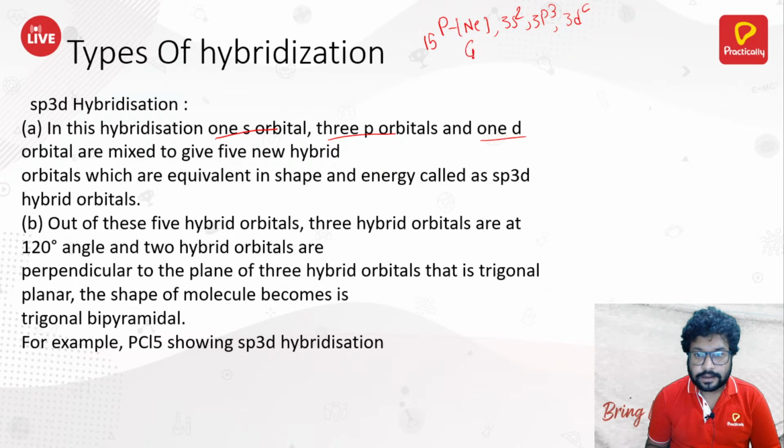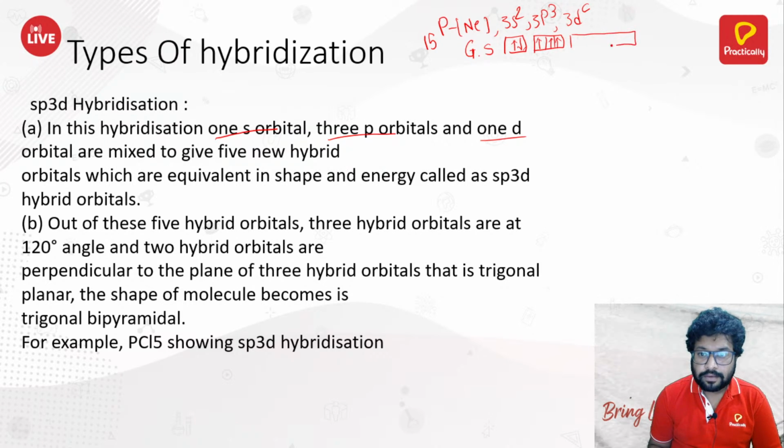So in the ground state, it would look like this: 2 electrons, then 3 electrons, and in d you have no electron. What happens in the excited state? As we had seen earlier, this lone pair gets promoted, and now you have 1 electron here, 3 electrons here, and 1 electron in your d orbital.